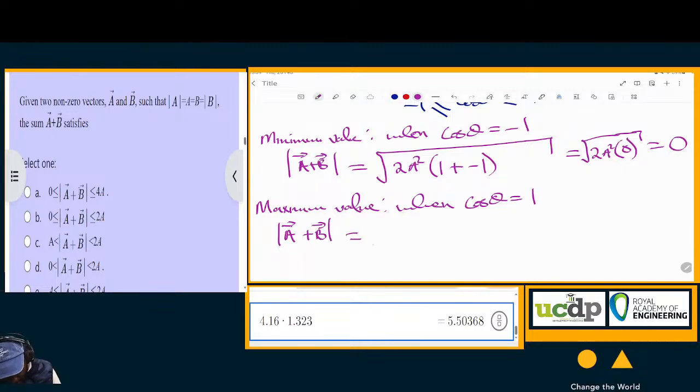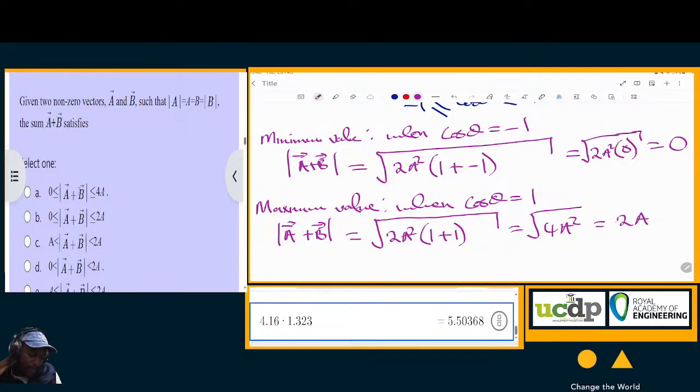It is equal to 2A squared times 1 plus 1, which gives you 2. So this will be equal to the square root of 4A squared, which is equal to 2A. So that's our maximum value.